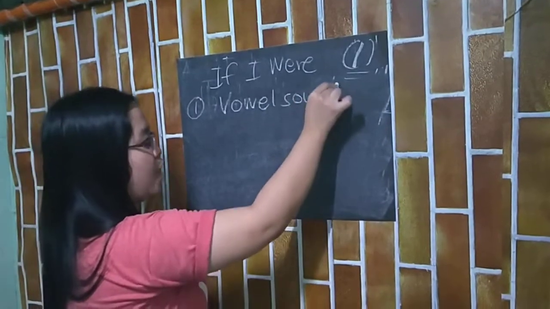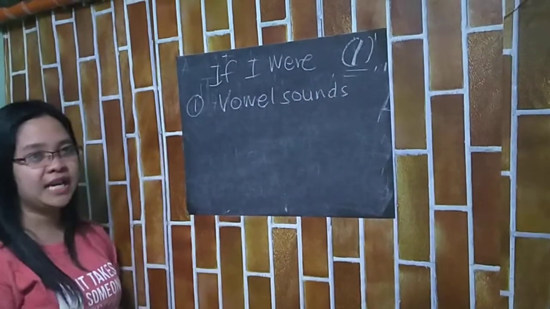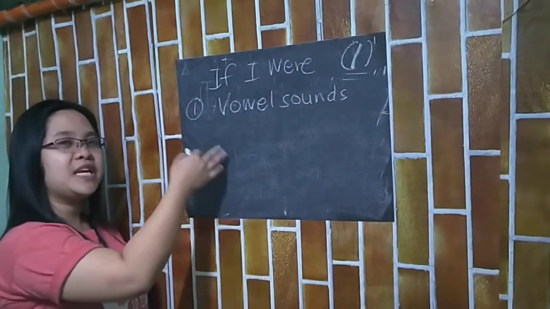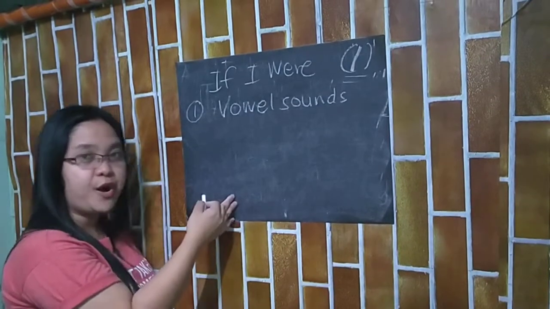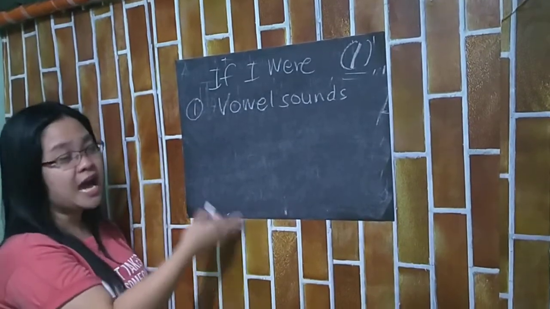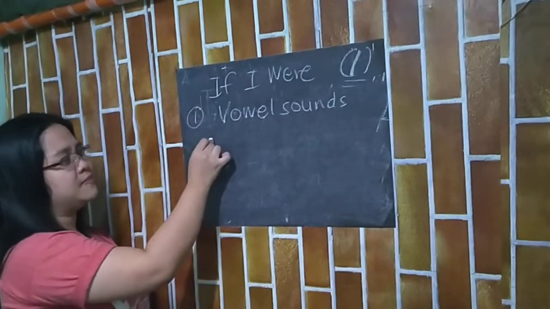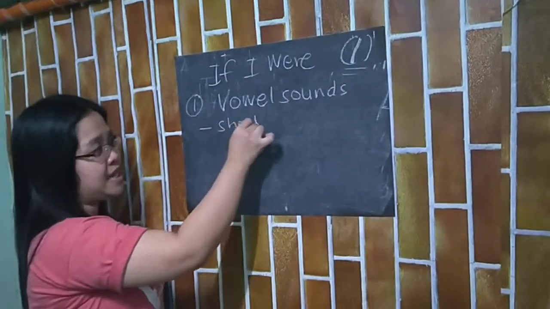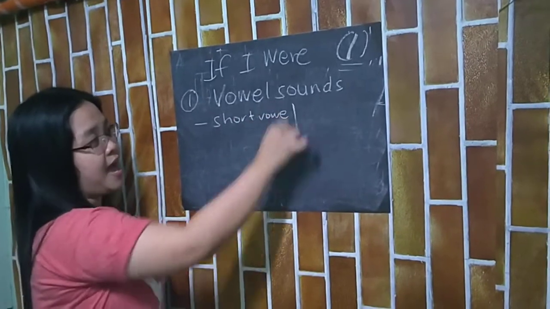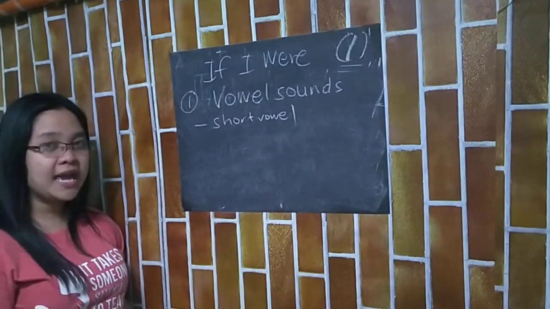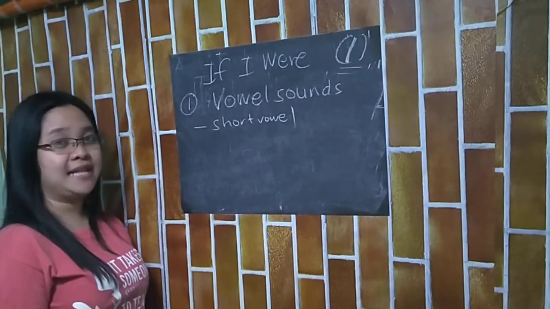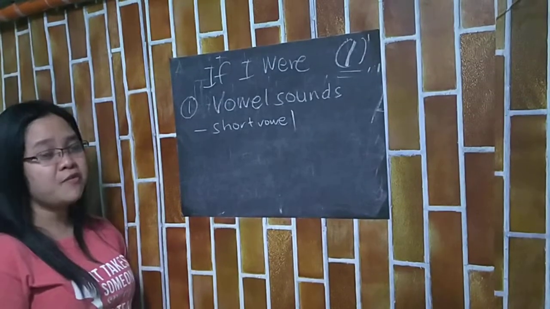vowel sound first. Okay? The vowel sound should be there on each part of the words regardless how many parts are there. Okay? So the vowel sounds can be the short vowel such as A, E, I, O, and U. Those are the short vowel sounds.